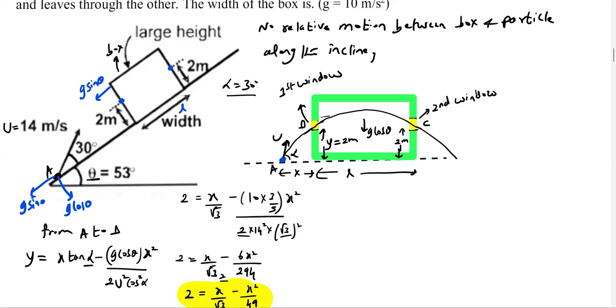Now, similarly, from A to C we will apply it, from the point of projection to the second window. Earlier, what we discussed is from A to B, and we ended up with this equation.